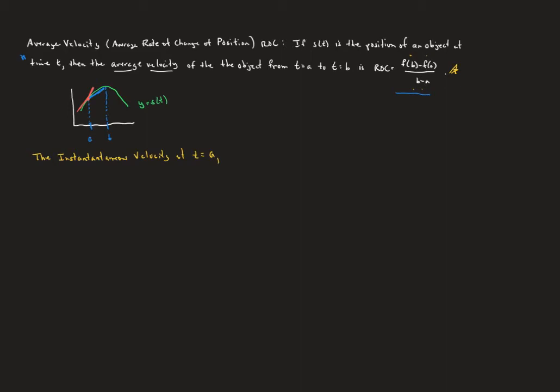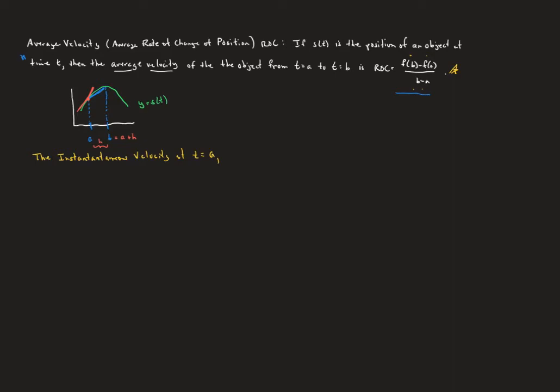So we're going to change up our notation a little bit here, and instead of just calling this a and b, we're going to say this difference between a and b we're going to call h. So b we could also now refer to as a plus h.